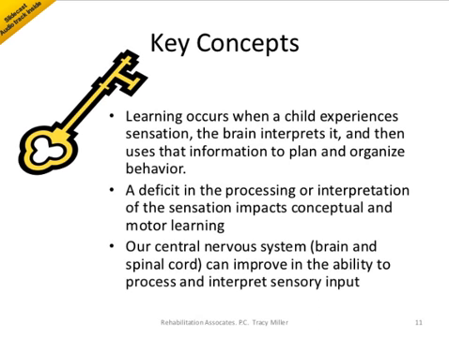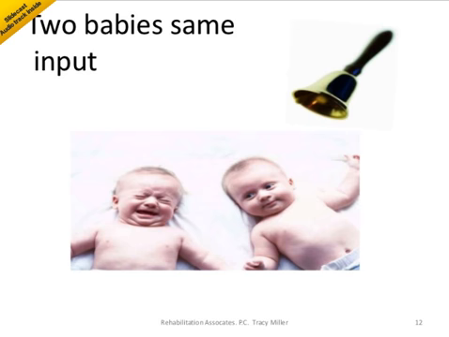The second concept is that if there is a problem in either processing the sensation or interpreting it, then learning will be affected. But the good news is that with treatment, our central nervous system has a lot of plasticity, and we can improve in our ability to process and interpret sensory input. So to further understand that, let's take a look at two babies.